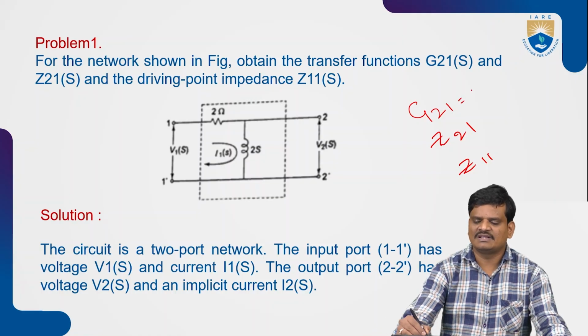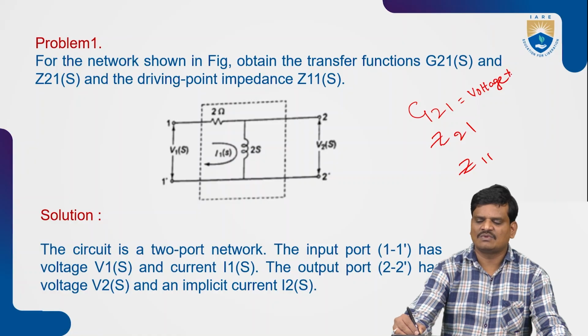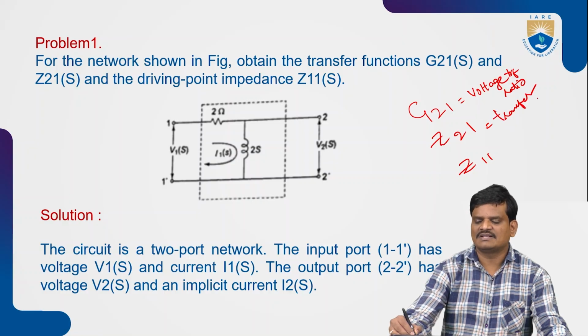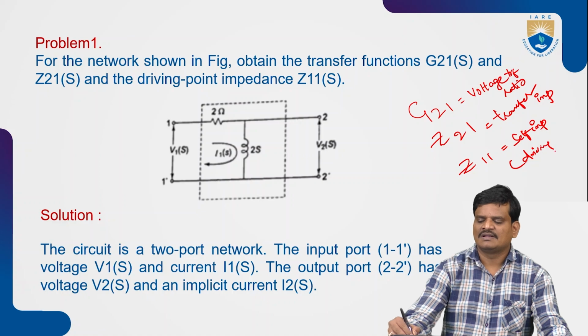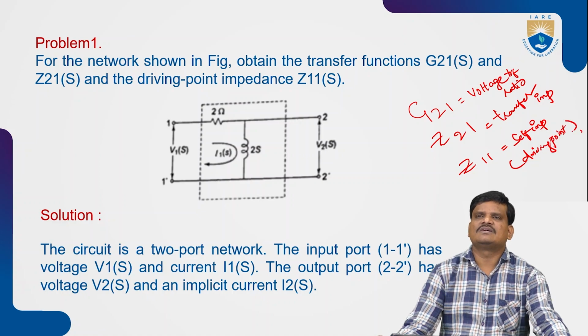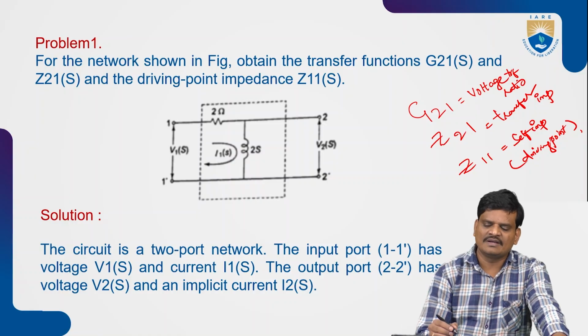G21 is considered a voltage transfer ratio, and Z21 is considered a transfer impedance. Z11 is a driving point impedance, or it can also be called self-impedance. So these are the three parameters you need to evaluate.